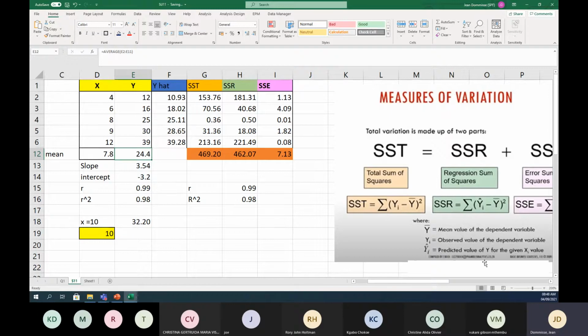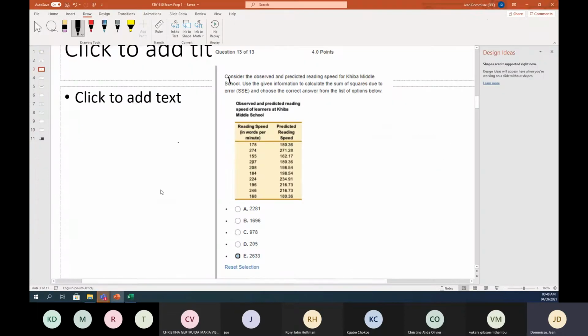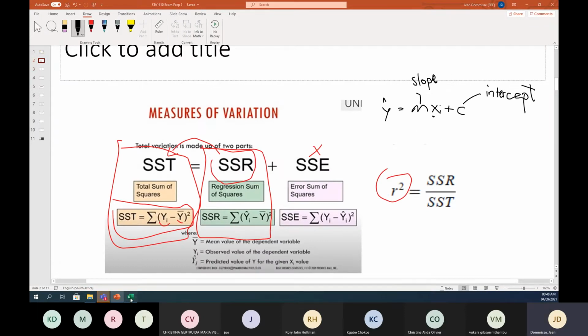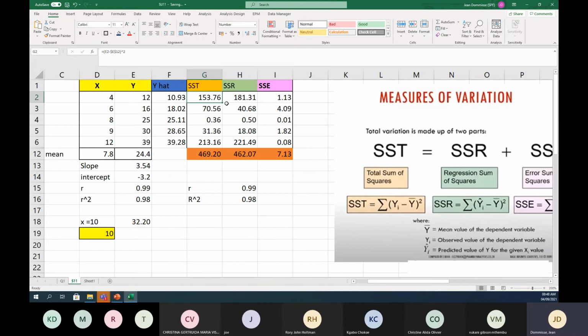Okay, so I'll get to that other one now because that looks like a nasty, interesting question. So SST we're fine with. SSR we need to work with this formula. I've built that formula in the equation, but with this formula you also needed to work out the slope and the intercept, and that I have done with Excel.